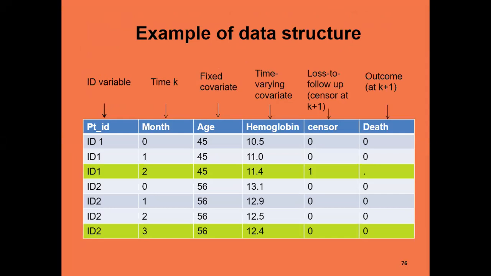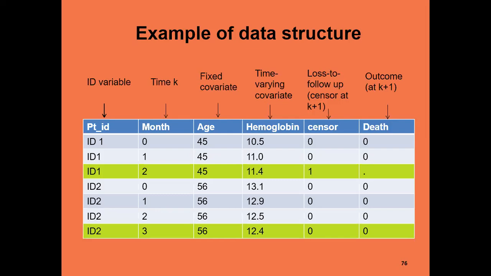For example, what is missing in this table is one more column. Suppose we only have one baseline variable, which is age, and one time-varying variable, which is hemoglobin. What's missing here is a treatment strategy variable.